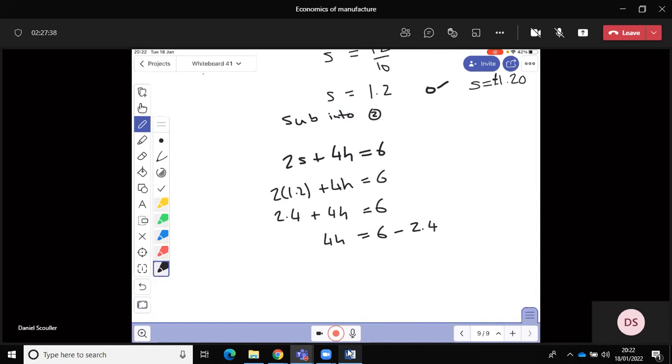I'm going to keep it in decimal because we're talking about money. So just imagine £6 minus £2.40.